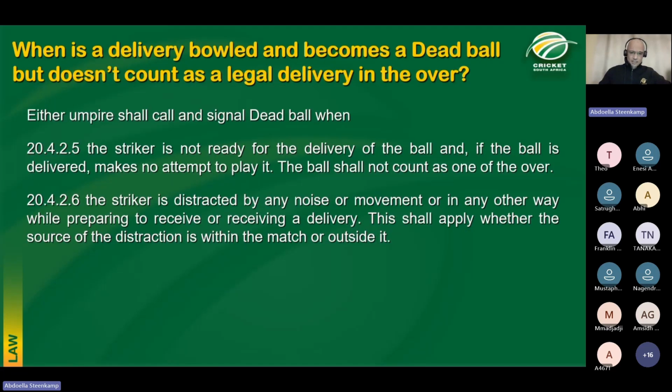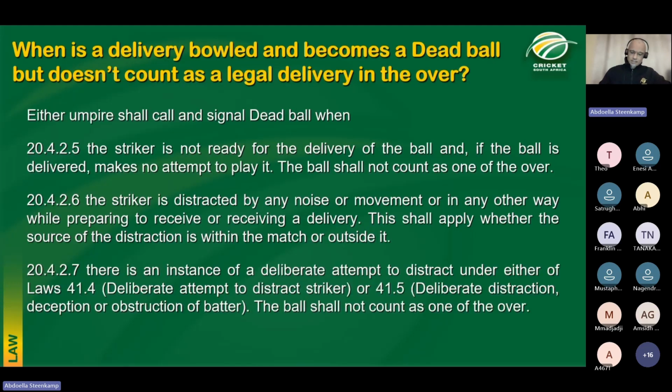If a striker is distracted by a noise or movement while preparing to receive the delivery, even if the ball is delivered, you call dead ball, and it ought to count as one of the legal deliveries in the over. If there was a deliberate attempt to distract the striker, deception, or obstruction, the ball will not count.